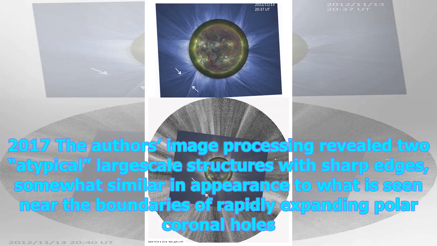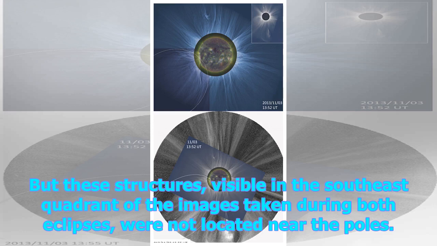The authors' image processing revealed 2 atypical, larger-scale structures with sharp edges, somewhat similar in appearance to what is seen near the boundaries of rapidly expanding polar coronal holes. But these structures, visible in the southeast quadrant of the images taken during both eclipses, were not located near the poles.